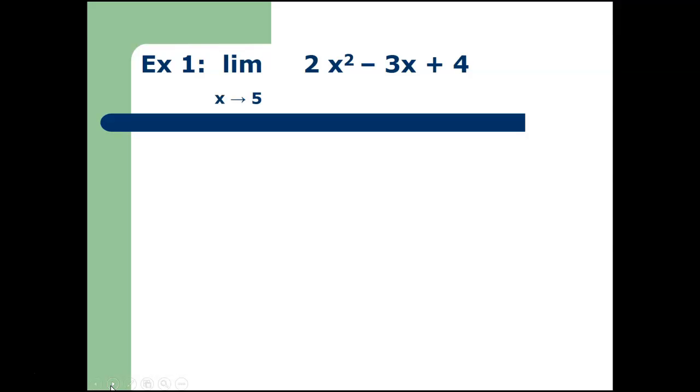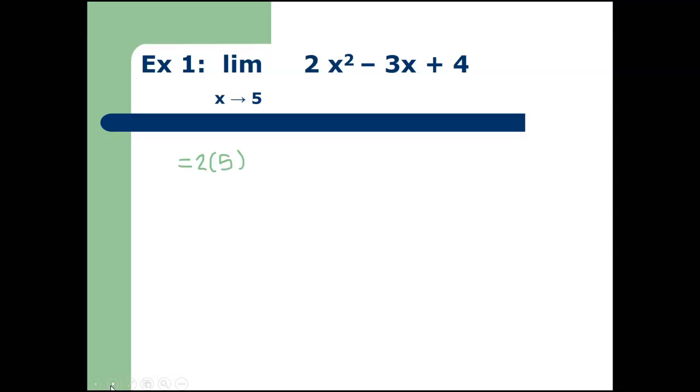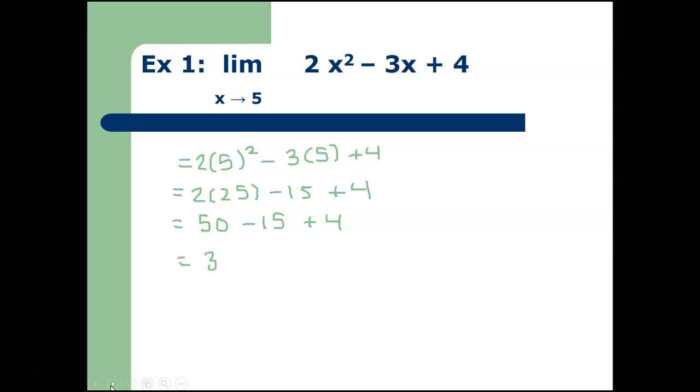So if my next move is to plug in 5, I do not need to write the limit anymore. I get 2 times 25 minus 15 plus 4. So you get 50 minus 15 plus 4, so we get 54 minus 15, which is 39. Again, when we're working on these types of problems, you really shouldn't need a calculator unless they ask you to find something on a calculator.